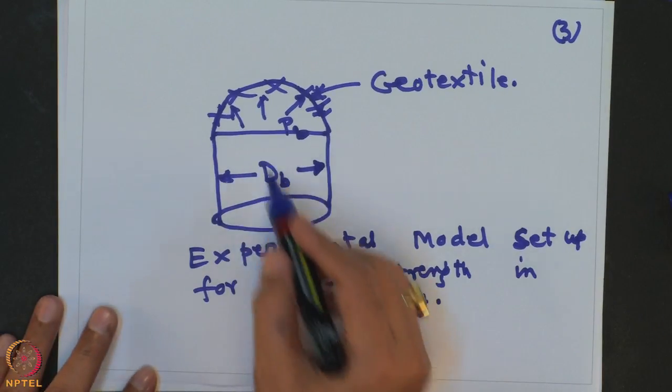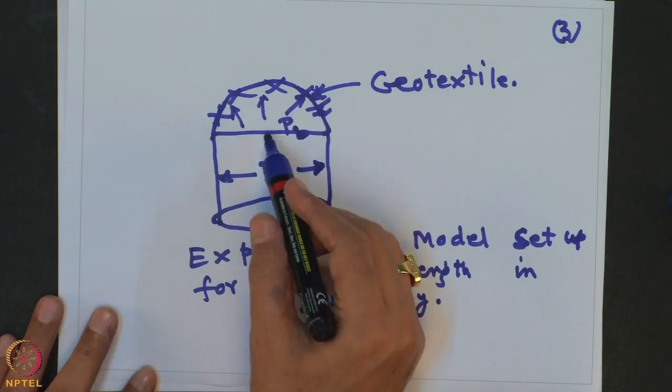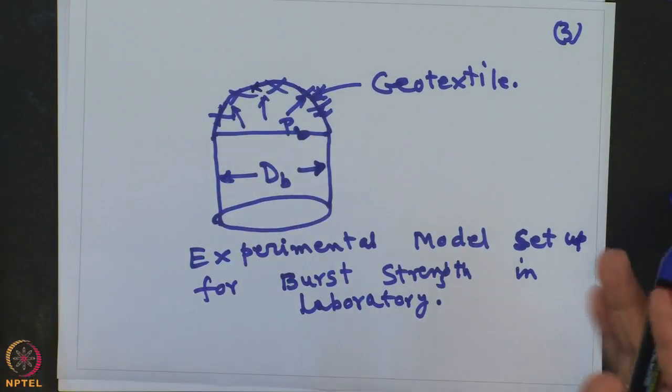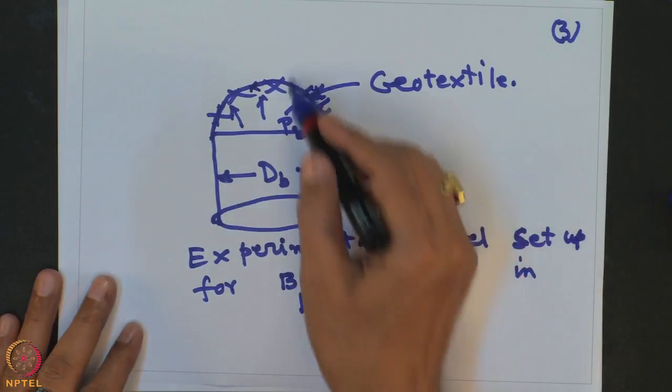So, there will be pressure from the bottom and this geotextile material may burst at one time, and by the pressure you can measure at what strength the geotextile material bursts. This is very important, and also very important in the case of geomembrane material, that is, what should be the burst strength of the geomembrane material.